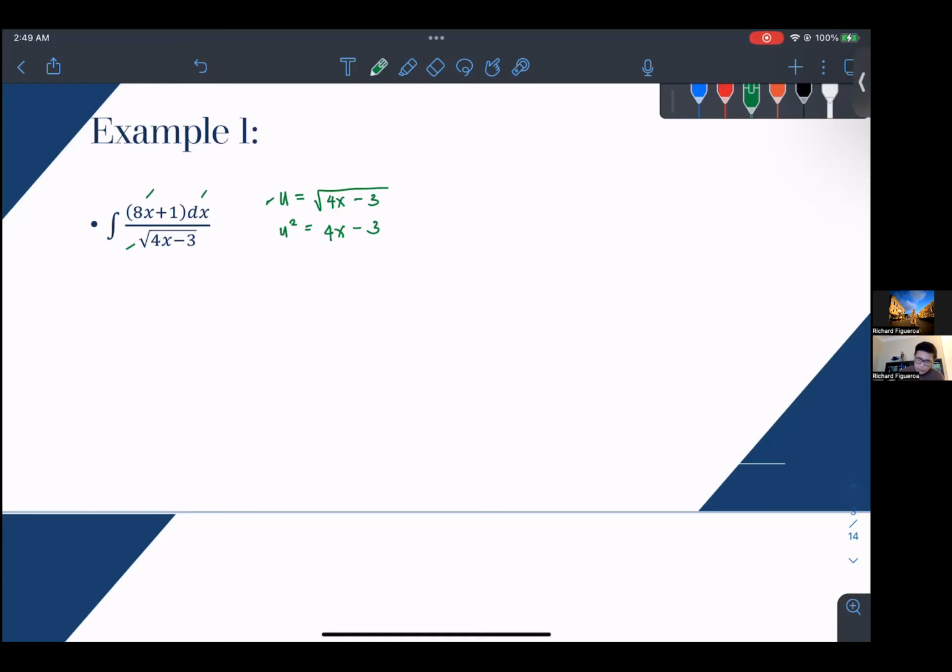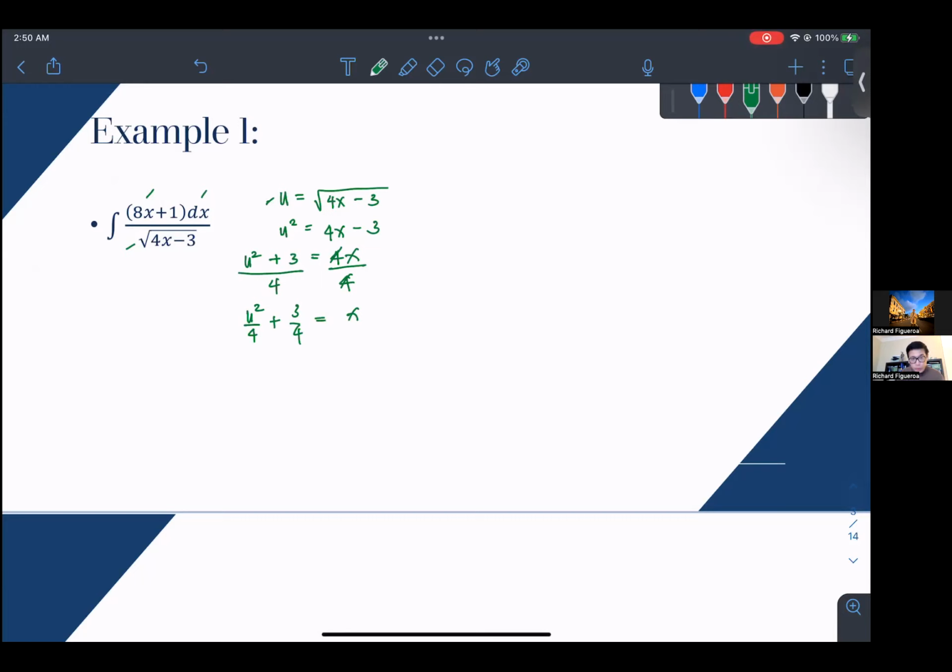To find the value of x, I have u squared equals 4x minus 3, and then transpose the negative 3, which becomes plus 3, and then we'll have 4x there. We divide everything by 4, which would cancel that out. Thus we'll have u squared over 4 plus 3/4 equals x.